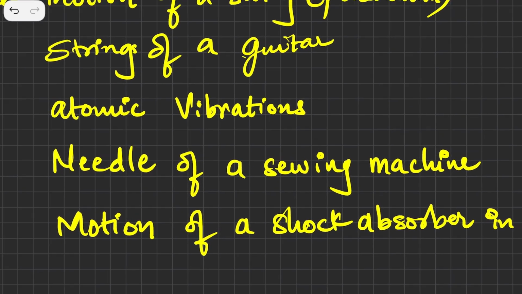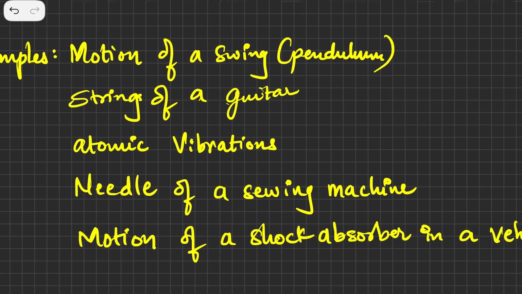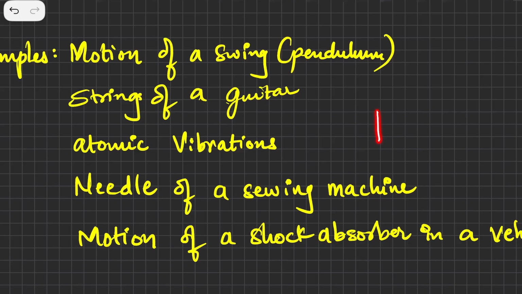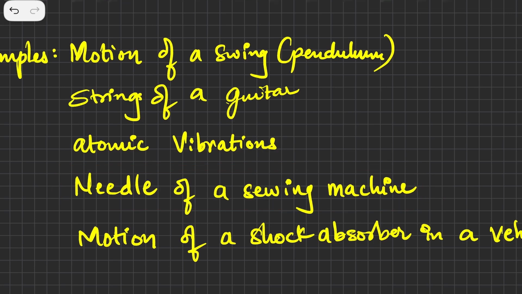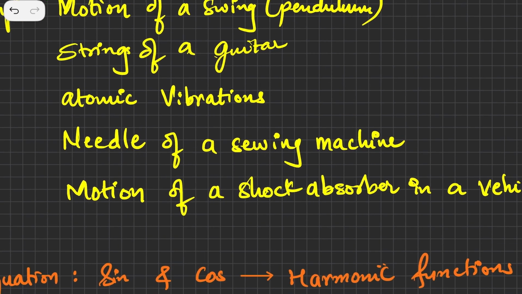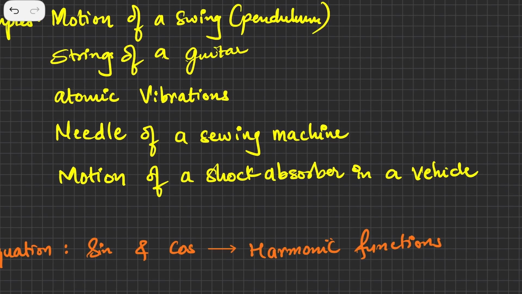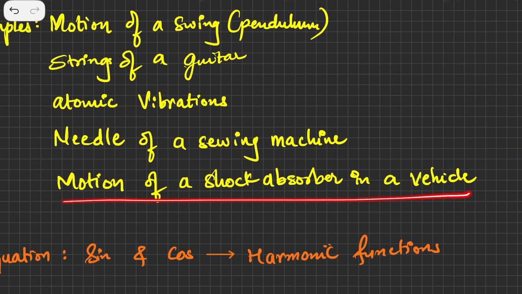Then comes the needle of a sewing machine. If you have seen a sewing machine, as soon as you press the pedal, the needle keeps going back and forth, up and down, and this is classified under oscillatory motion. The last example is the motion of a shock absorber in a vehicle.